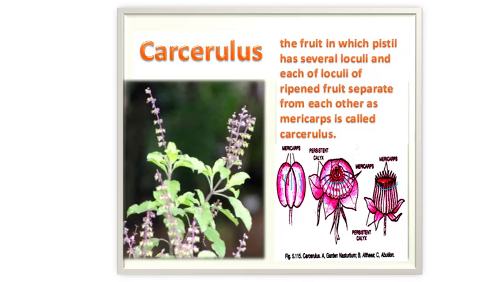So this type of fruit, in which the pistil has several loculi, and basically loculi are the cavities or chambers within an ovary, and each of the loculi of the ripened fruit separates from the others as a mericarp, such type of schizocarpic fruit is called carcerulus.